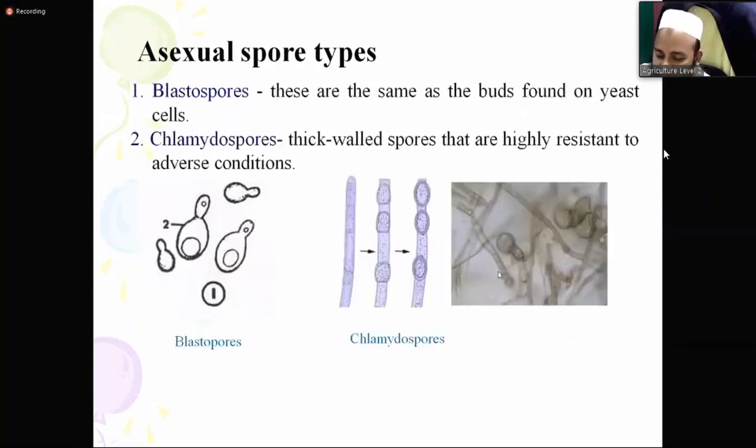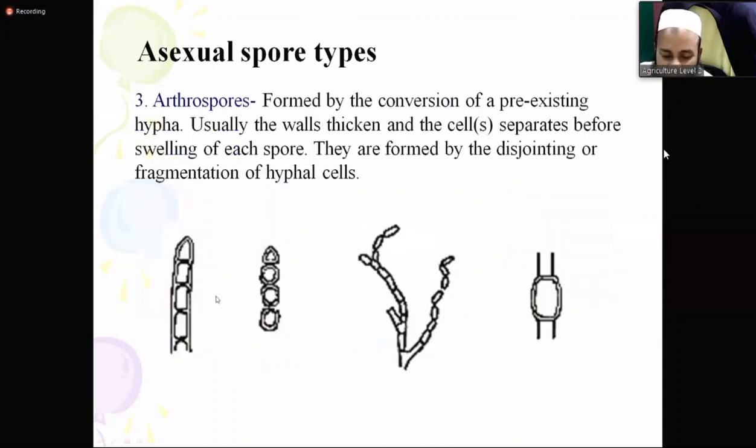Not like chlamydospore, where not all cells are converted, and the cells are very thick and can resist adverse conditions. Here, in their hypha, maybe 20 cells or 200 cells, all the cells just disjoin and separate from their body, and each cell becomes a spore. These spores are called arthrospore.